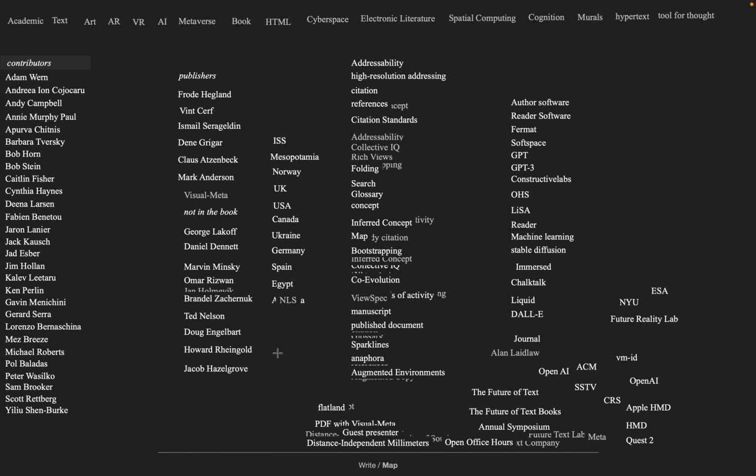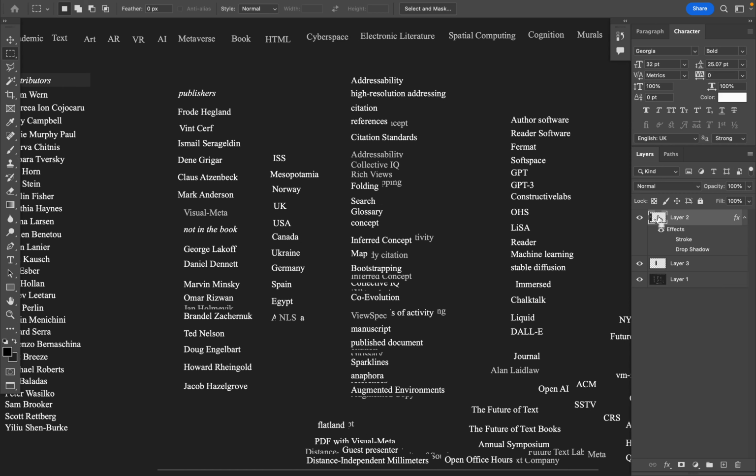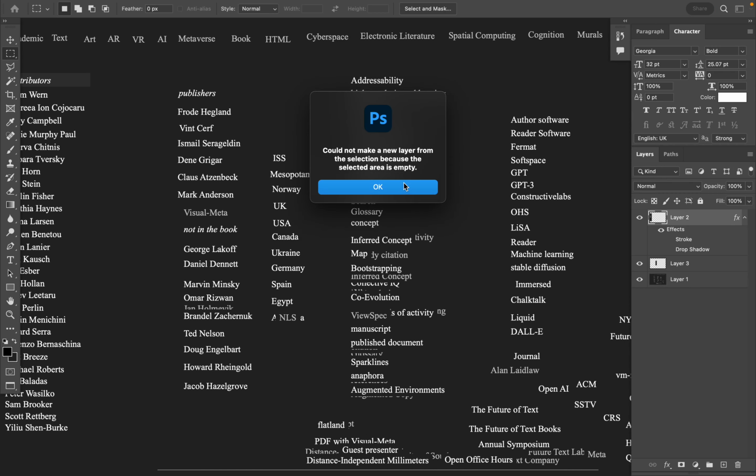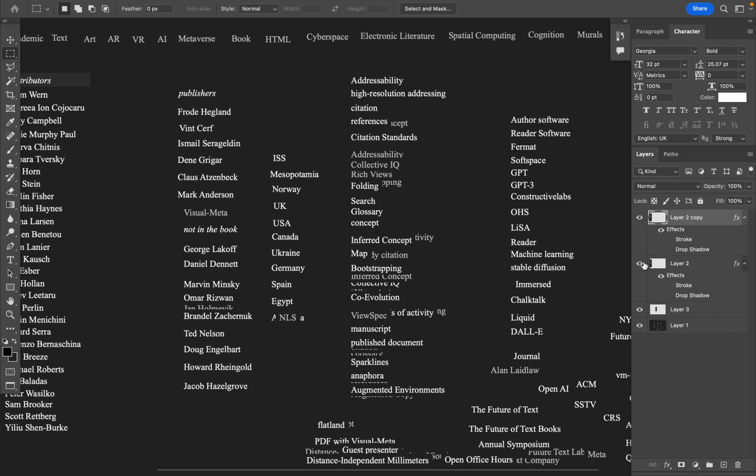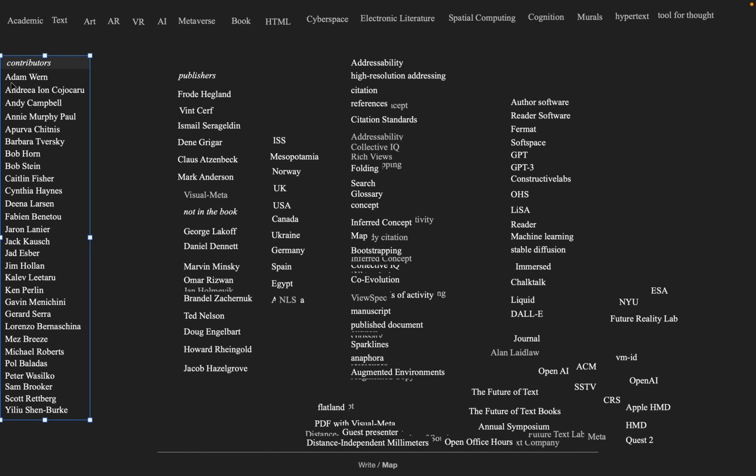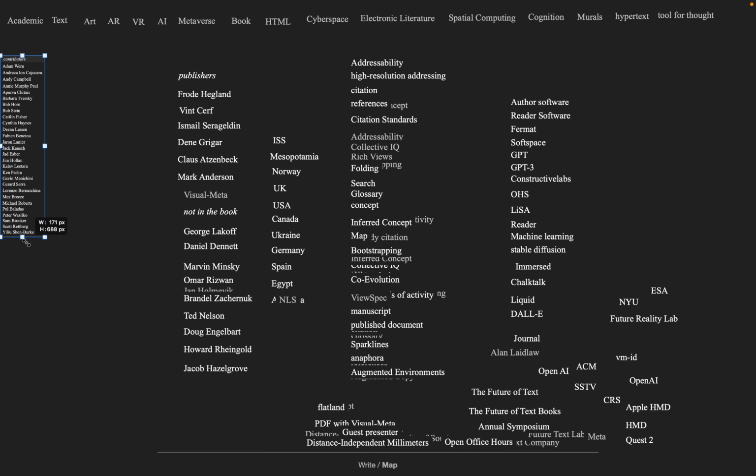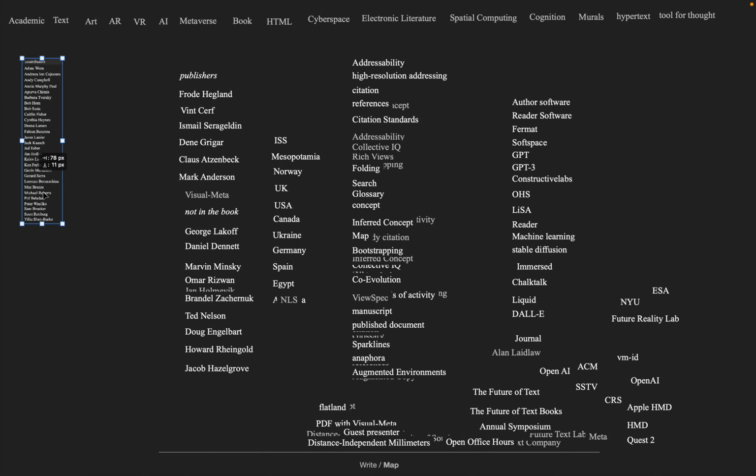What if I cannot do that? Maybe I'm just going to duplicate this for fun. Maybe the scaling idea is, you know, that there's two sizes. So this is still readable.